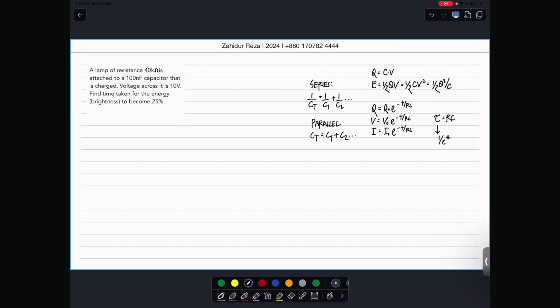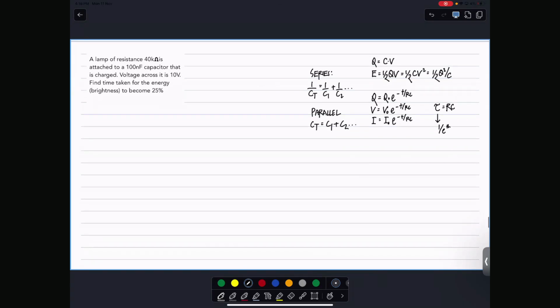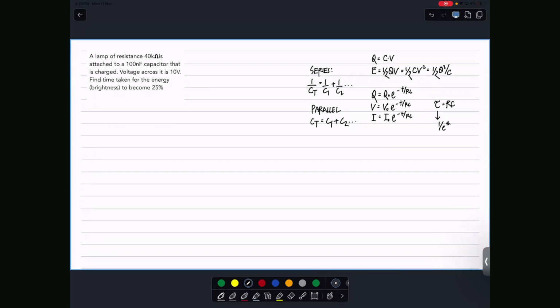Time taken. You have an answer, anyone? Hint is that first you need to find out at what voltage your brightness is 25%.